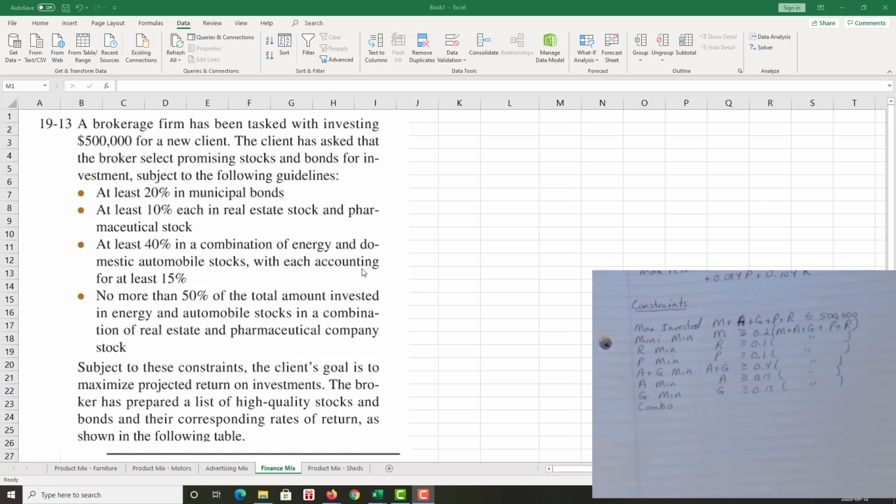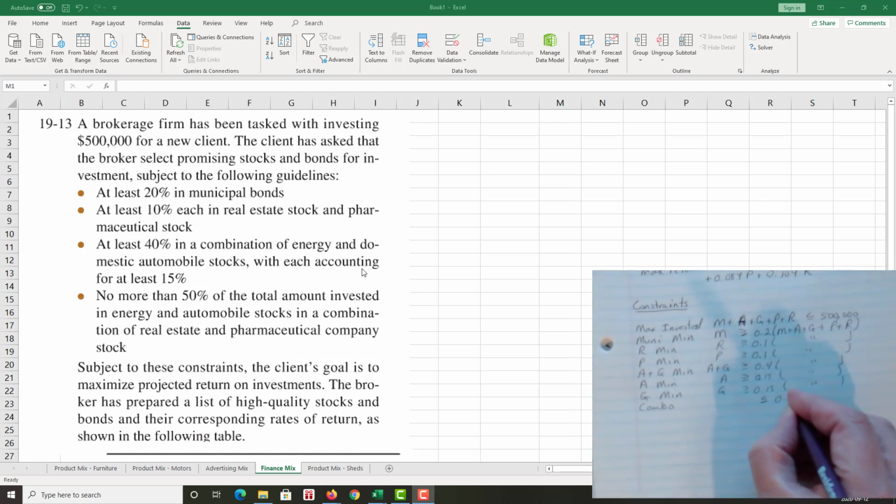The combo now. The combo, we're going to look at the wording very, very carefully, and we see no more than. No more than is like saying less than or equal to. Right? No more than 5. Okay? It could be 5, it could be 4, it cannot be 6. Okay? So no more than. No more than what? 50% of the total amount invested in energy and automobile.